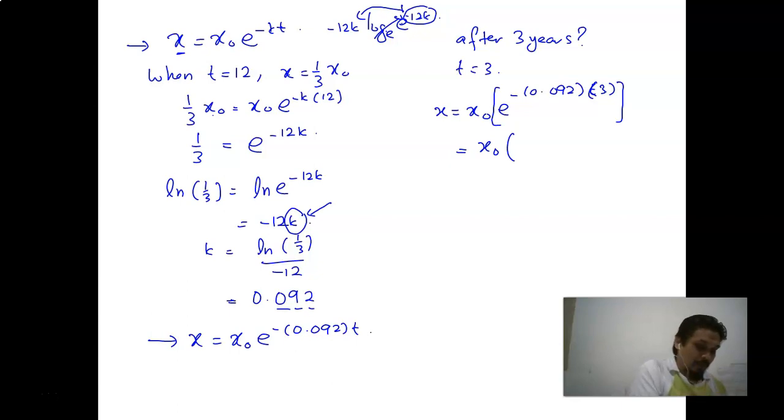For e to the power of negative 0.092 multiplied with 3, I use the calculator.